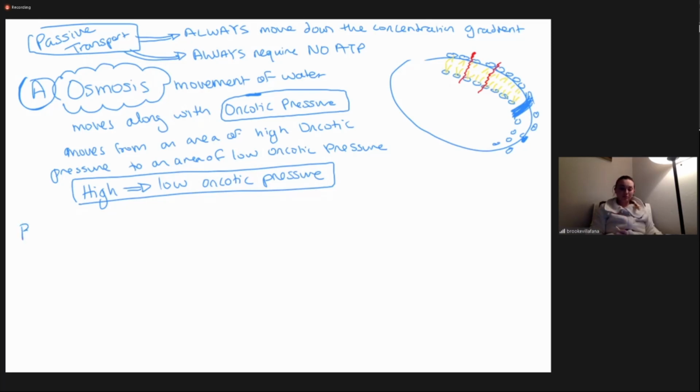It has to do with the dilution of solutes. So if there was a lot of salt in a solution, water would want to move to dilute that salt. It's just kind of complicated for this class, so we try to make it simple. So just know high to low oncotic pressure.